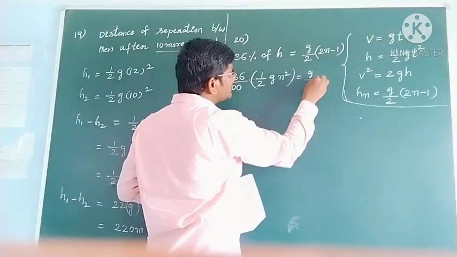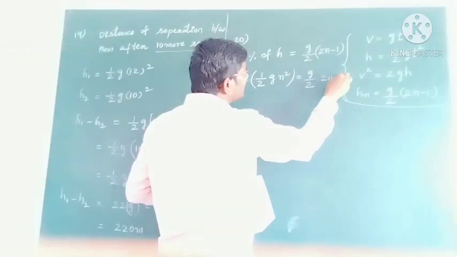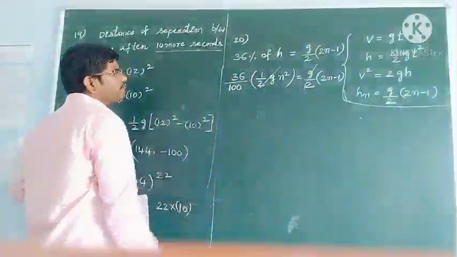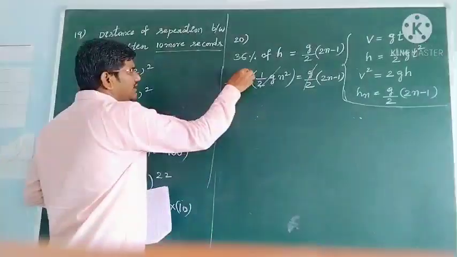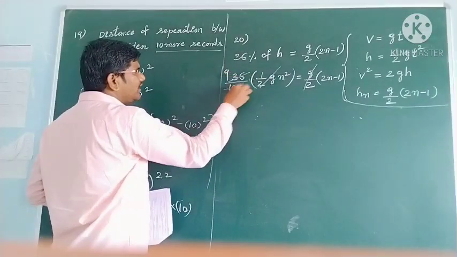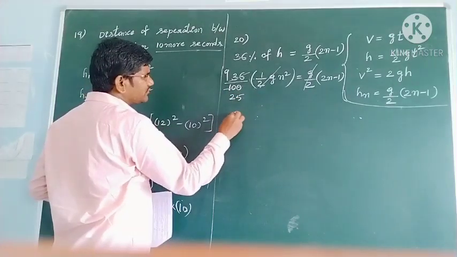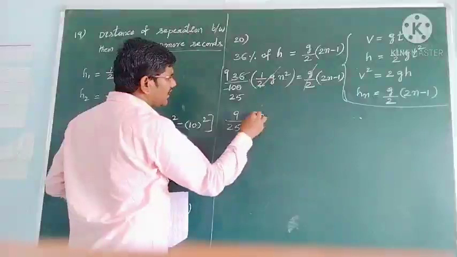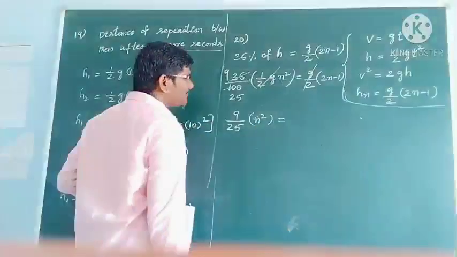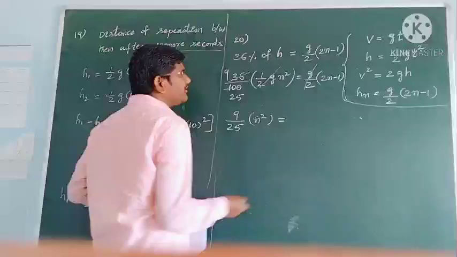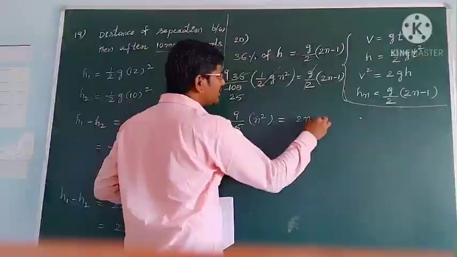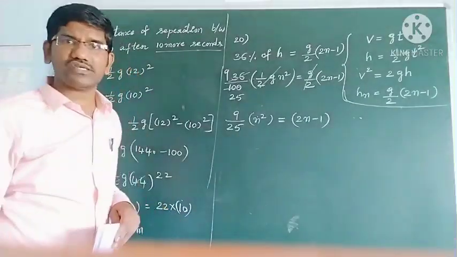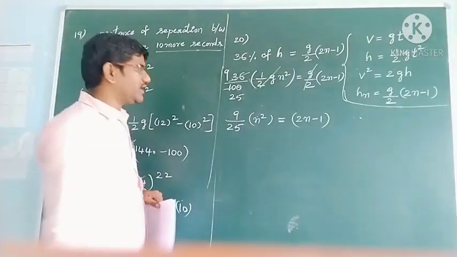So that is g by 2 into 2n minus 1. Then this g by 2 gets cancelled, and this is 25s. Then 9 by 25 into n square is equal to 2n minus 1. So you will get a quadratic equation in n square.